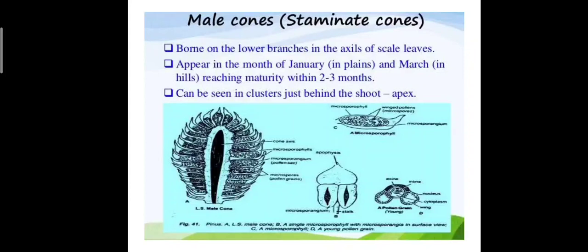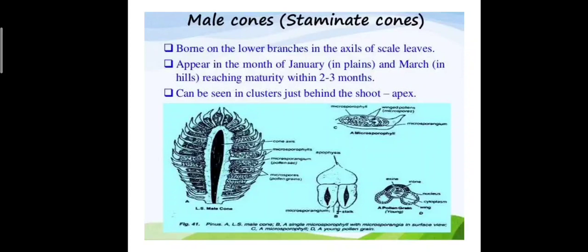Many microsporophylls will be there, and they are spirally arranged along the cone axis in an acropetal succession.